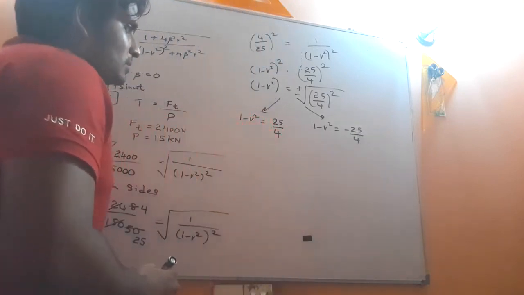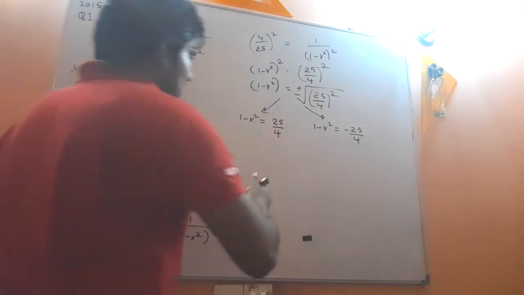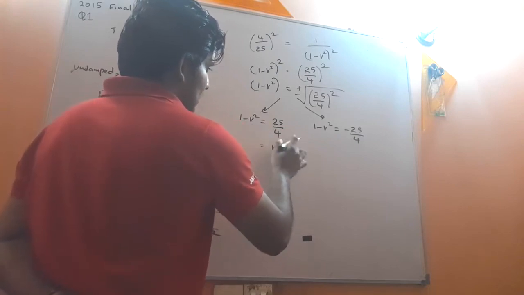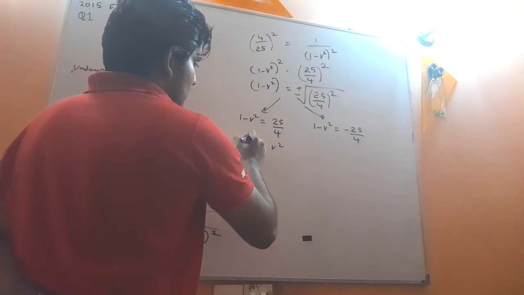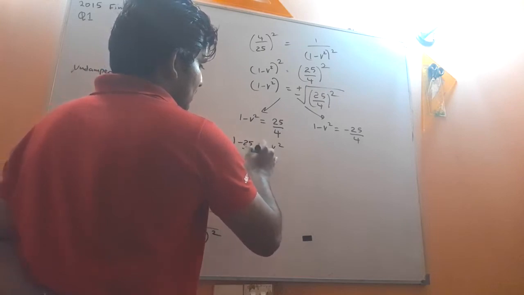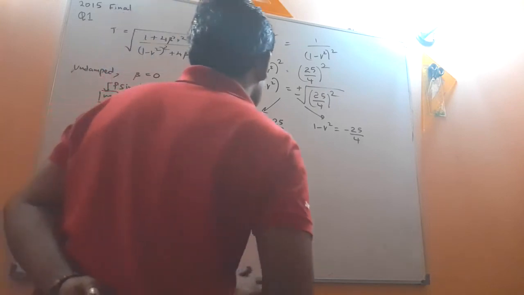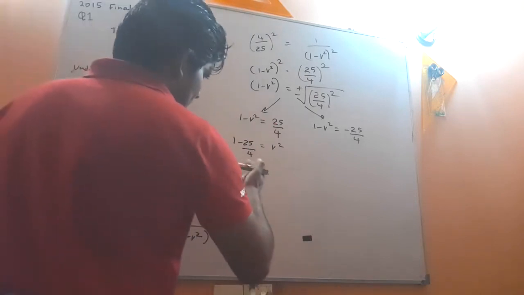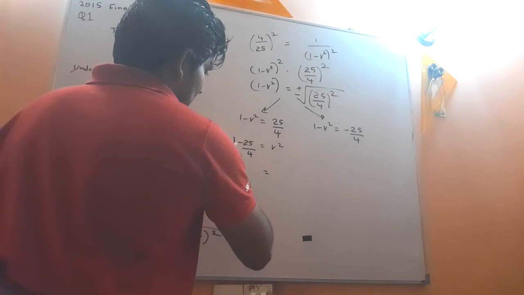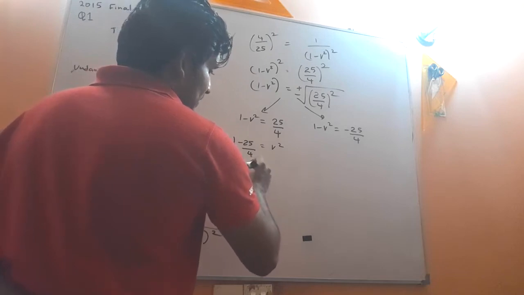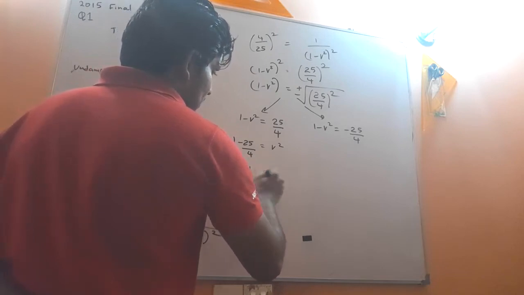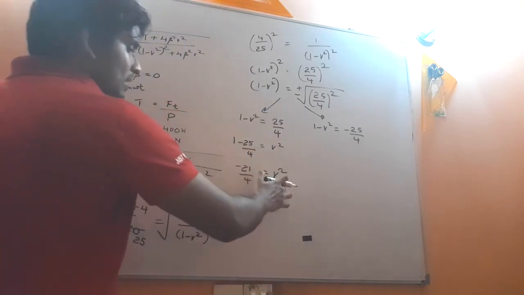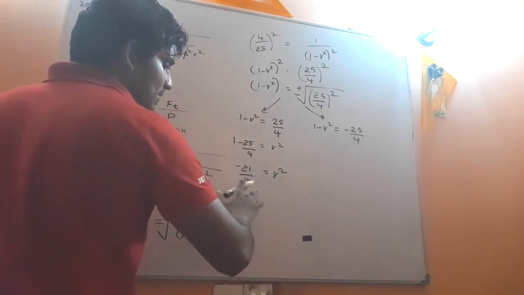If you put r squared to the other side, r squared equals 1 minus 25 divided by 4. So putting 4 there, 4 minus 25 is minus 21, so minus 21 divided by 4. That means from this path you are getting r squared equals minus 21 divided by 4.